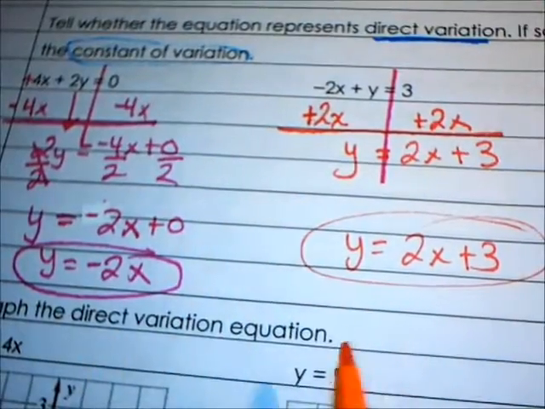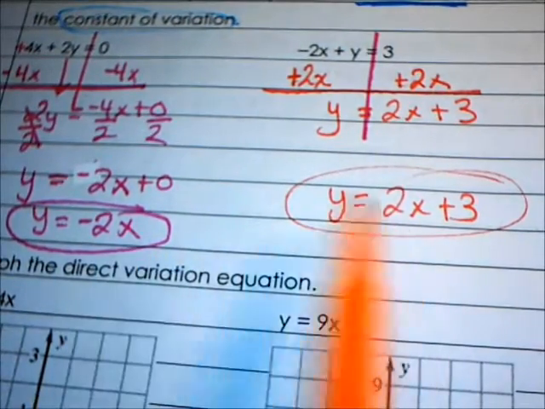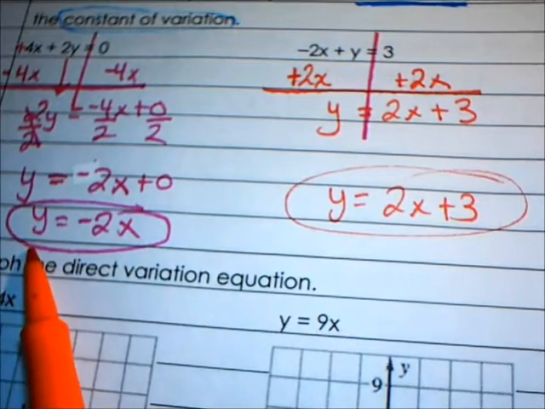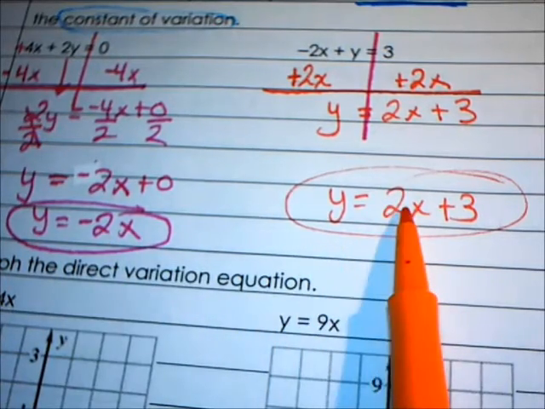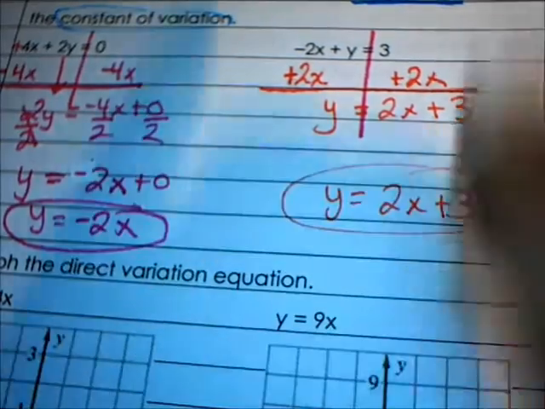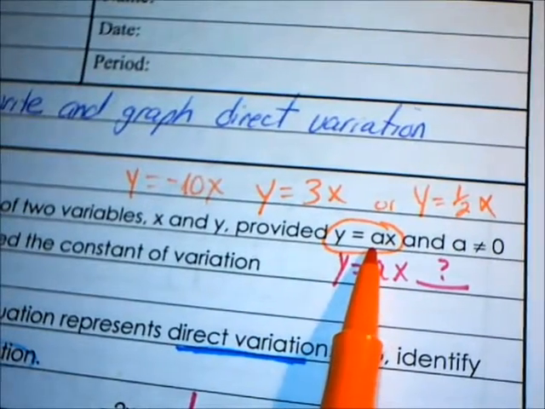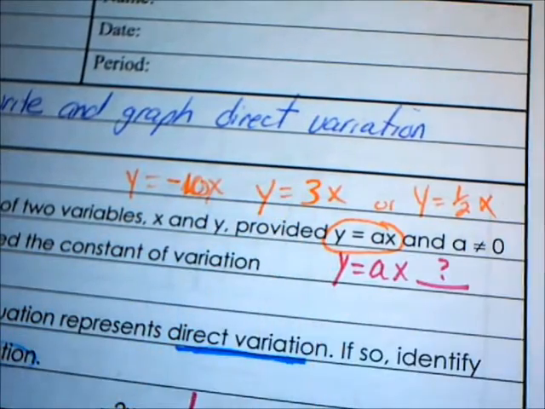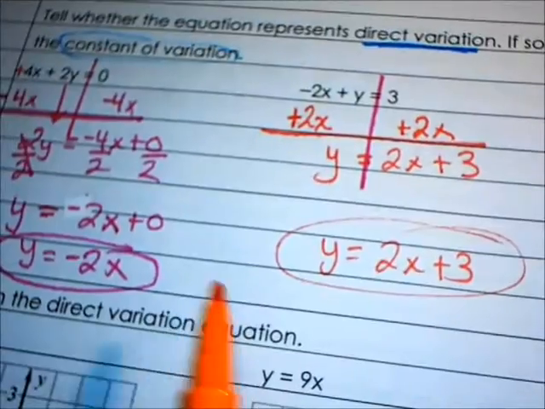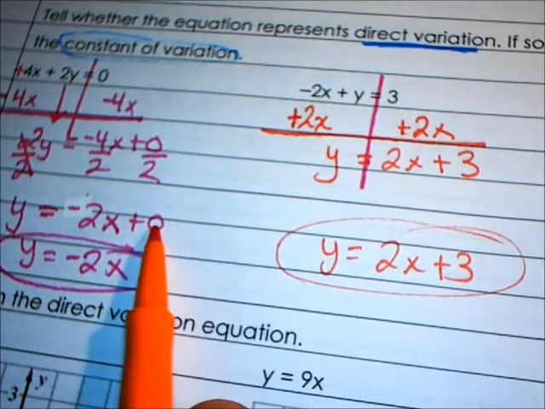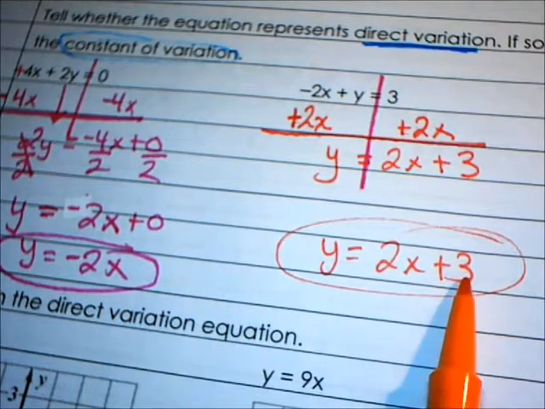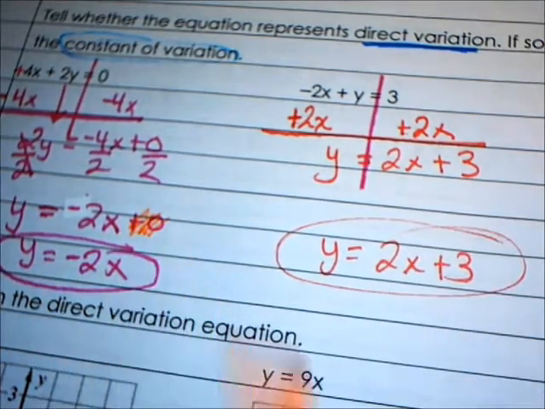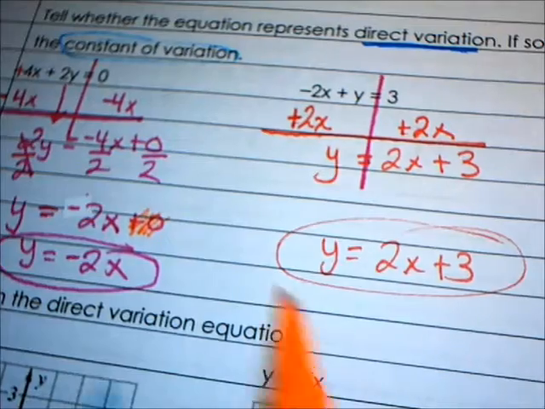Well, if I look at the two, they both have x's. We're good. They both have a y. We're good. This one is a negative 2 and this one's a positive 2. Did that matter? Up here, did it matter whether the a was positive or negative? No, didn't matter. And then this one has nothing on the end, or has a plus 0. And this one has a 3. Well, for this case, we cannot deal with the nothing, because 0 is nothing.